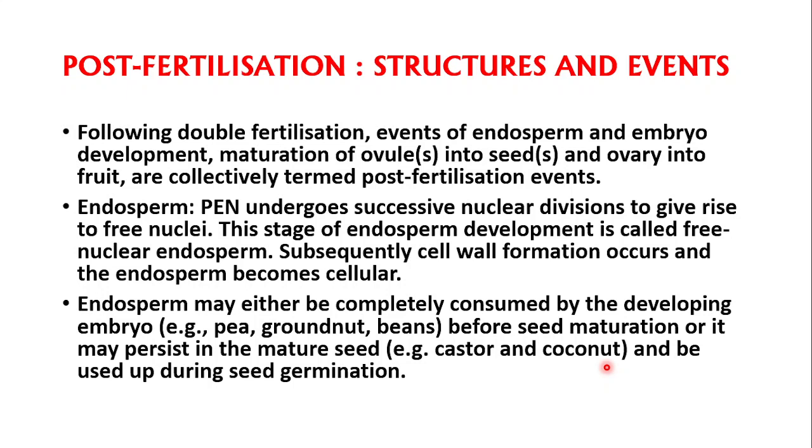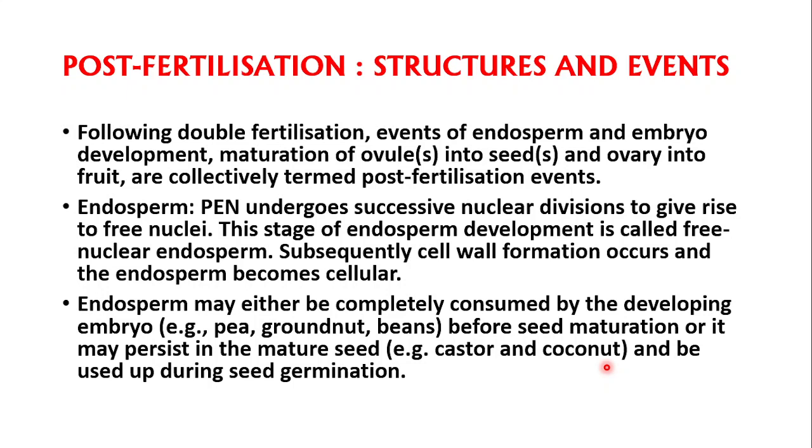In one sentence, if you want to say, the primary endosperm nucleus will develop into endosperm to give rise to the nutritive tissue, and it will ultimately help for nourishment of the zygote. And this zygote, with the help of the endosperm, will develop into an embryo.